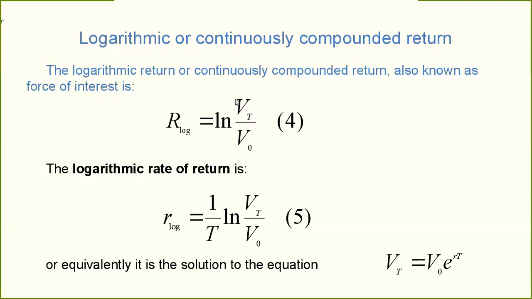We find this ratio, and after that the logarithm of this ratio. If you would like to get the rate of return, in this formula you see we just divide by t, and it will be formula 5.